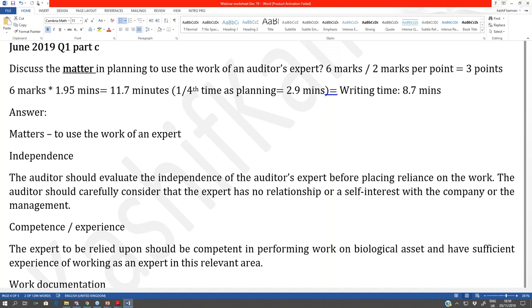Now you see, you go to the exam hall and you start attempting question number 1. So is question number 1 only about risk and procedures? Is question 1 just about risk, procedures, and ethical issues? No, it's beyond that.